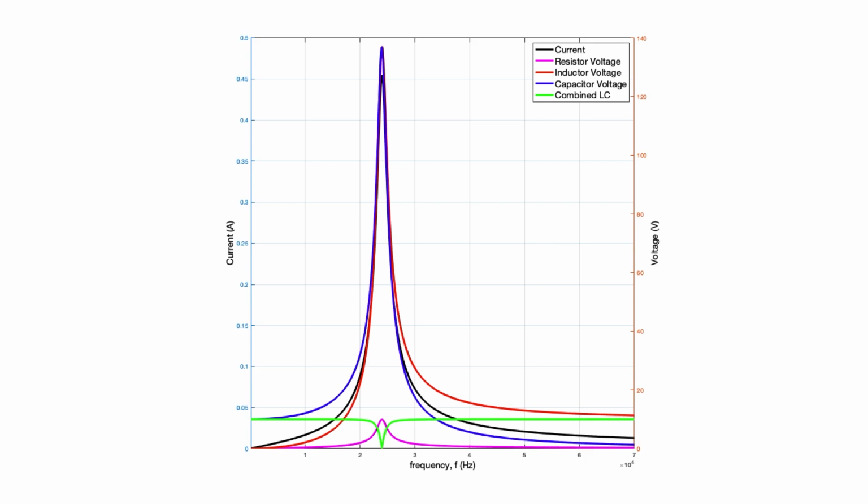At the resonant frequency, the current is maximum. As the frequency increases further, the capacitor and resistor voltages decrease with current. On the other hand, the inductor voltage flattens out toward the value equal to the input voltage, or V sub S.